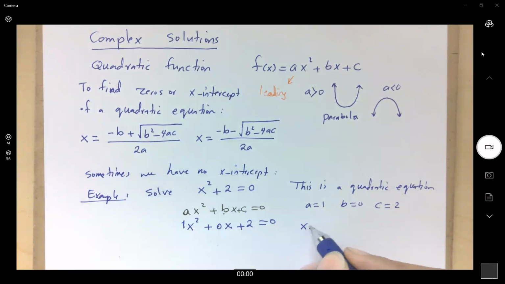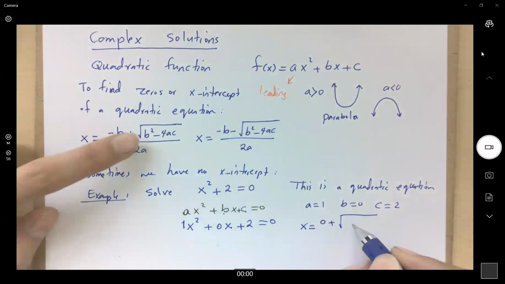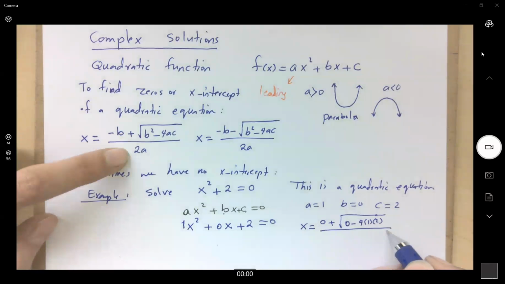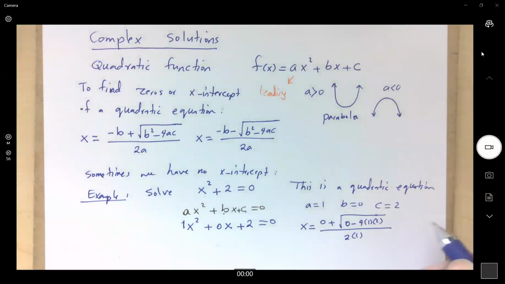x is equal to minus B, which is 0, plus square root of b squared, 0 squared, minus 4, a is 1, and c is 2, divided by 2 times a, which is 1. What do we get? We get square root of negative 8 divided by 2.